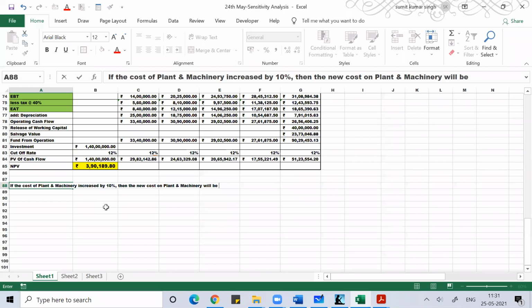If you increase 100 lakh by 10%, how much will it become? 110 lakh. Can you understand, right? It will become rupees 110 lakh.